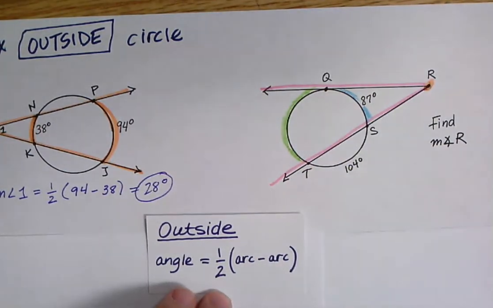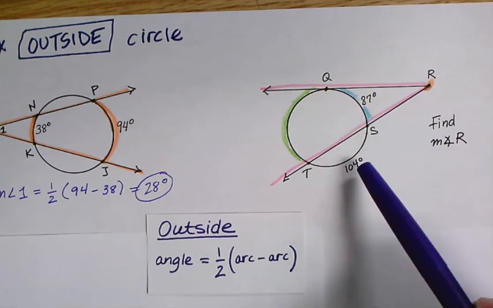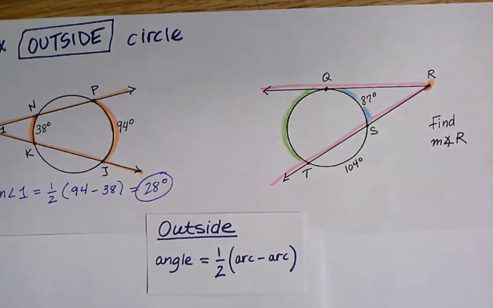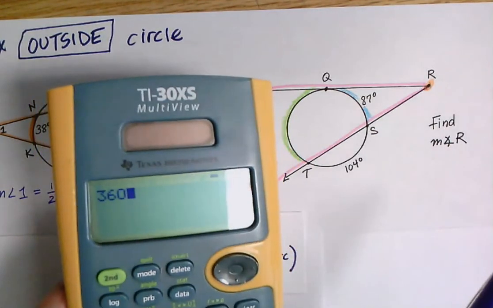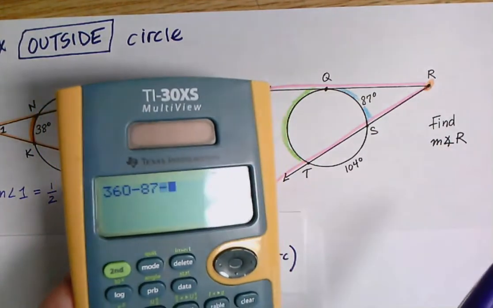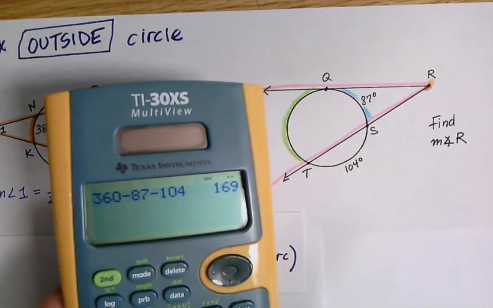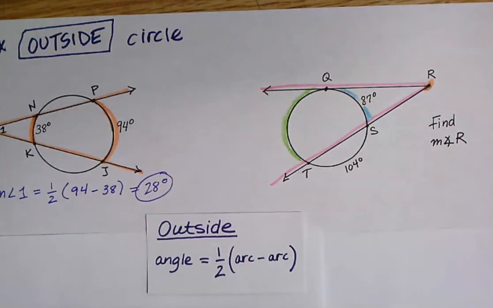So I'm going to have to find it by taking the two arcs that I do know, the 104 and the 87, and subtracting from 360 to find that missing green arc QT. So 360 minus 87 minus 104, or you could add them together first and then subtract if you want. That tells me that arc QT has to be 169.